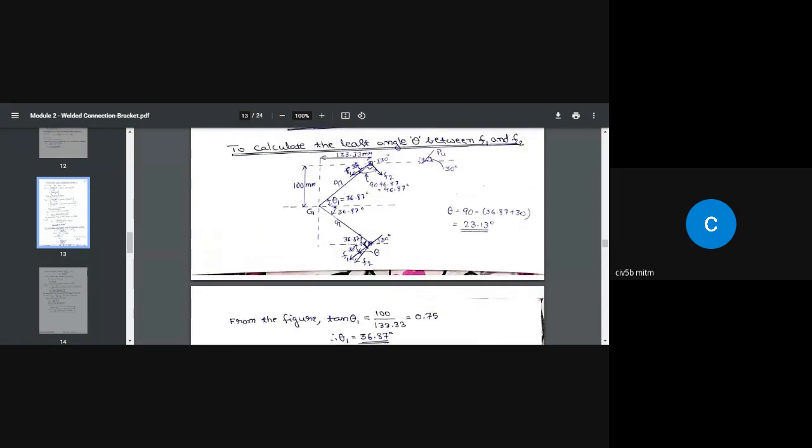Now coming to this formula, F equal to square root of F1 square plus F2 square plus 2 F1 F2 cos theta. By substituting theta equal to 23.13° in this equation, we get the value of F equal to 99.15 Newton per millimeter square. That is the design stress developed at the critical area of the weld here due to the design load of PU.